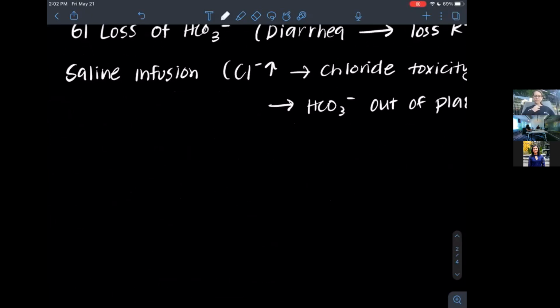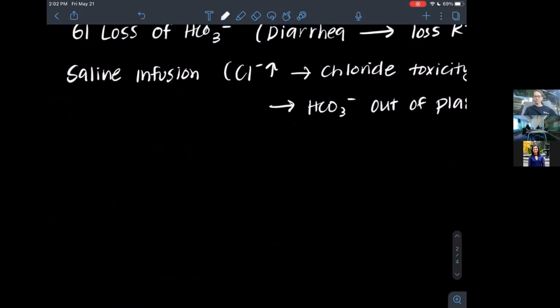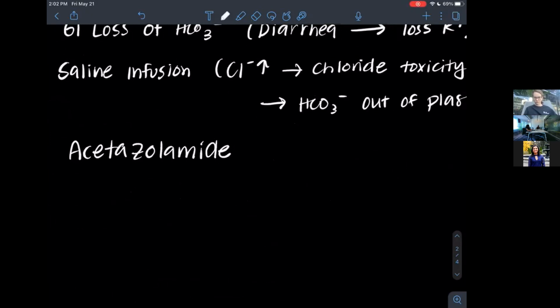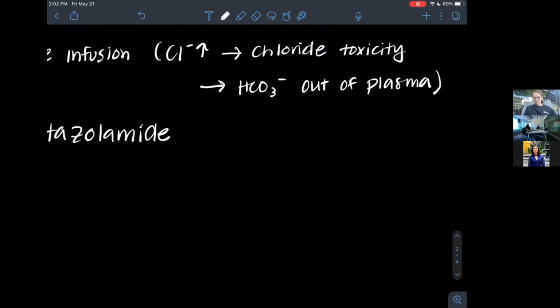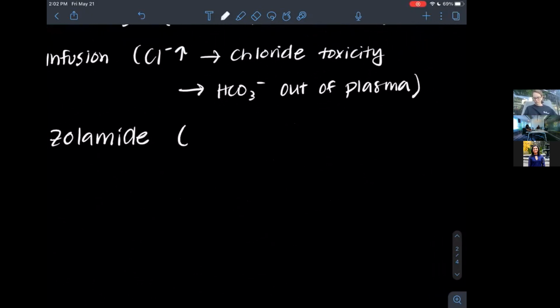Something else that causes it: Abby did talk about acetazolamide. You talked about it for hikers, as a medication for respiratory alkalosis. Okay, yeah. The reason she talked about it is it's a carbonic anhydrase inhibitor.